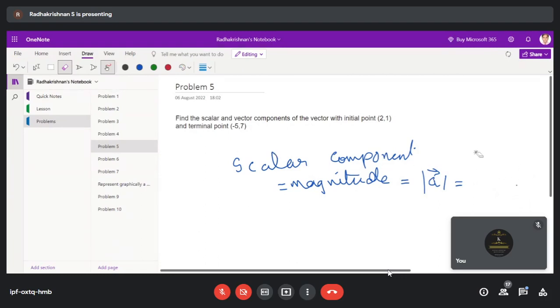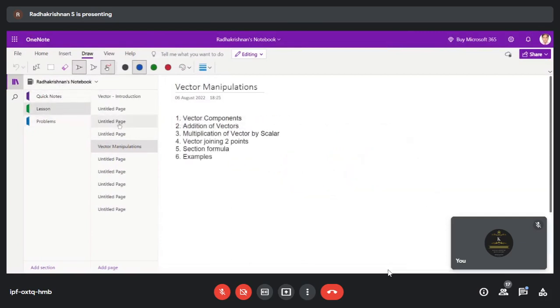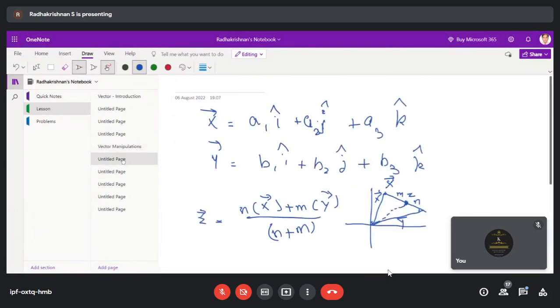See, here the 2 points are given, right? We saw that, right? Vector joining 2 points. So what is the formula for the vector joining 2 points?